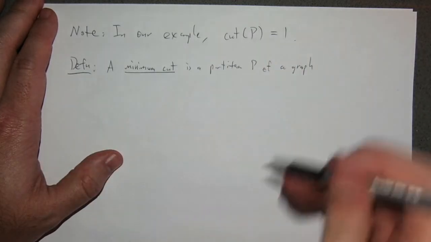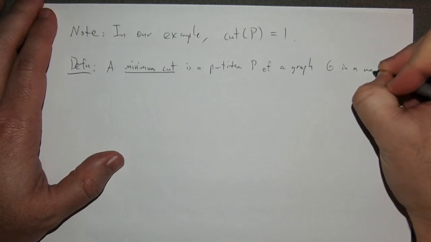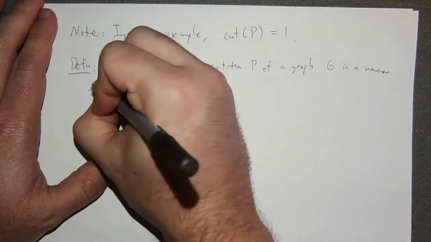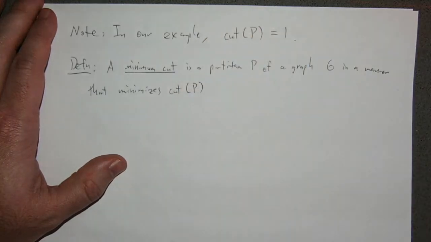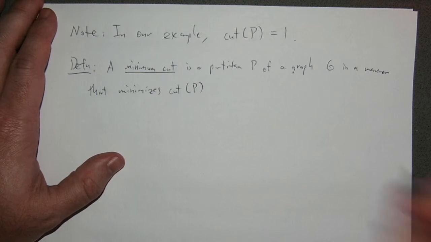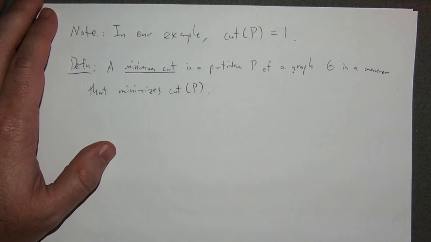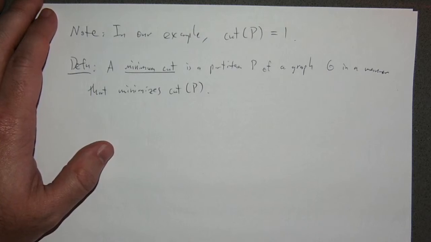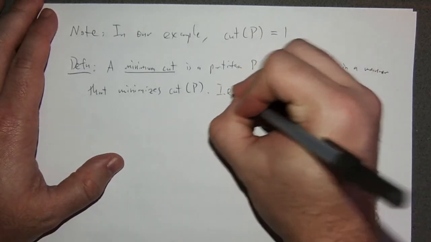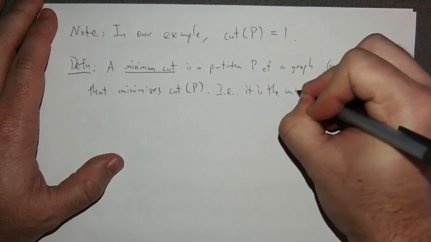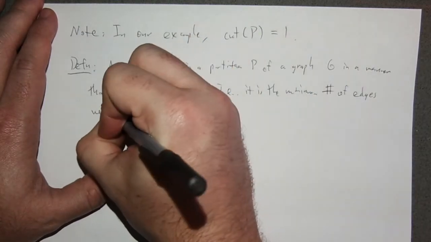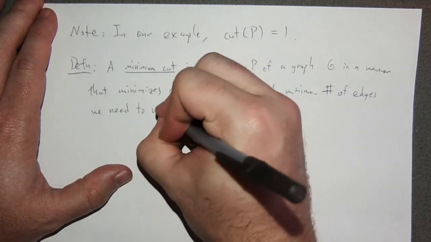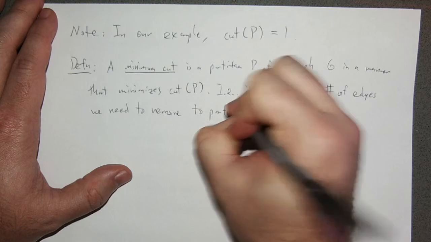So a minimum cut is a partition P of a graph G in a manner that minimizes cut P. Okay, so this minimizes cut P, i.e., it is the minimum number of edges we need to remove to partition the graph.